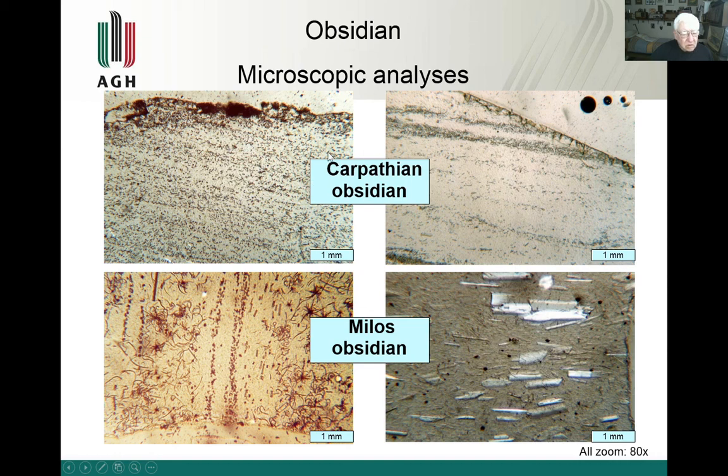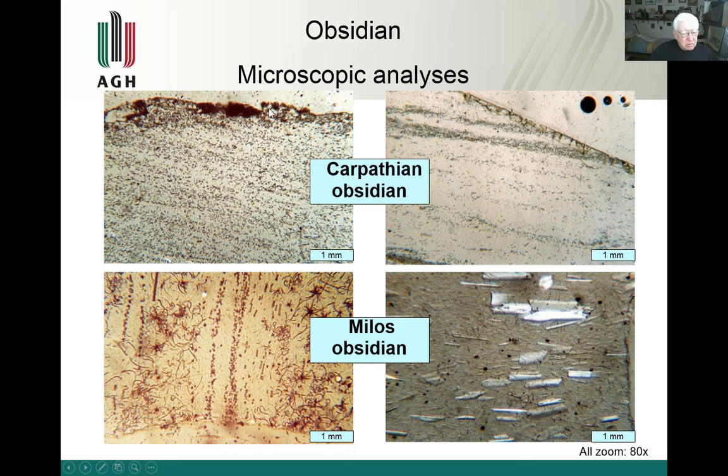There are more inclusions, various, as you see these small dark points, and there are fewer inclusions, but this parallel structure is repeated. And because of this, in Carpathian obsidian, the best direction of knapping is parallel to this parallel structure of obsidian.